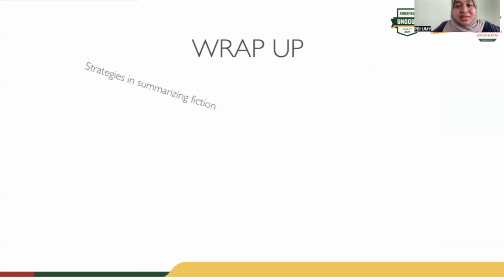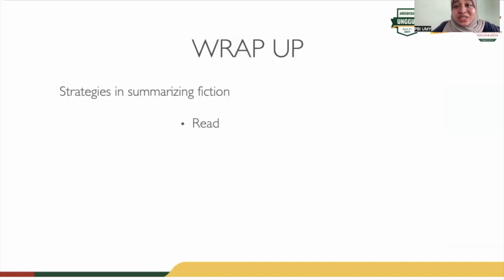All right, I think that's all. The 5 strategies to summarize fiction. And let's wrap up. What are the strategies? Number one is read, read, read. You need to read several times to understand the content. And also identify the main character. Through that identification, you will figure out what you want to share in a summary.